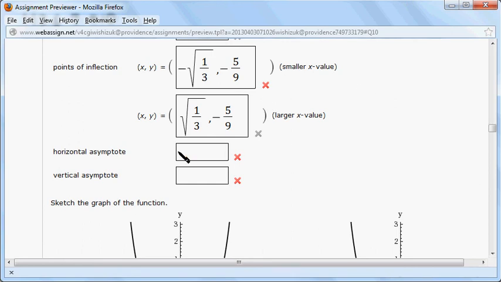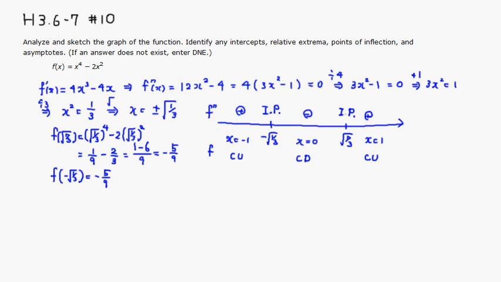All right, so let's find the horizontal asymptotes and the vertical asymptotes. You can see that this is just a polynomial function, and it does not have a horizontal asymptote, so there's none, or it does not exist.